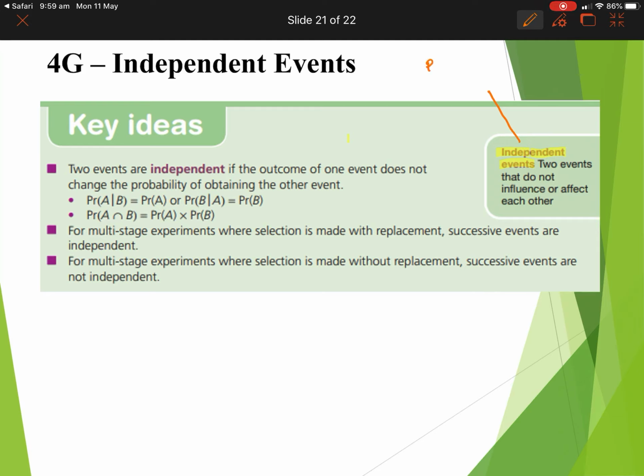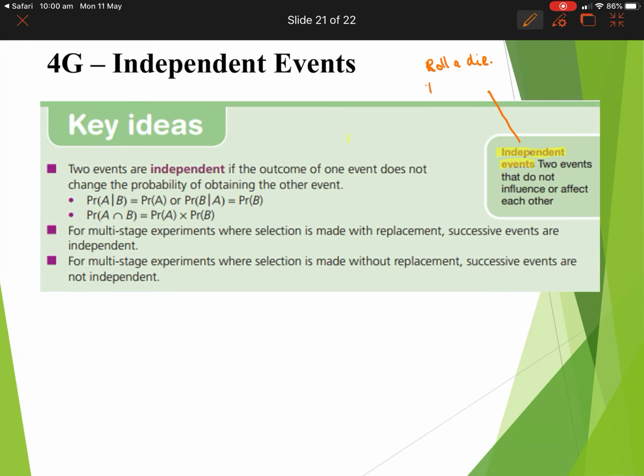Let's say I roll a die and I get a 6. Will that change if I flip a coin and get a head? Does me rolling a 6 affect the fact that I want to flip a coin and get a head? No, it doesn't make any difference. Whatever I roll on that die, it's not going to change the probability of me getting a head.